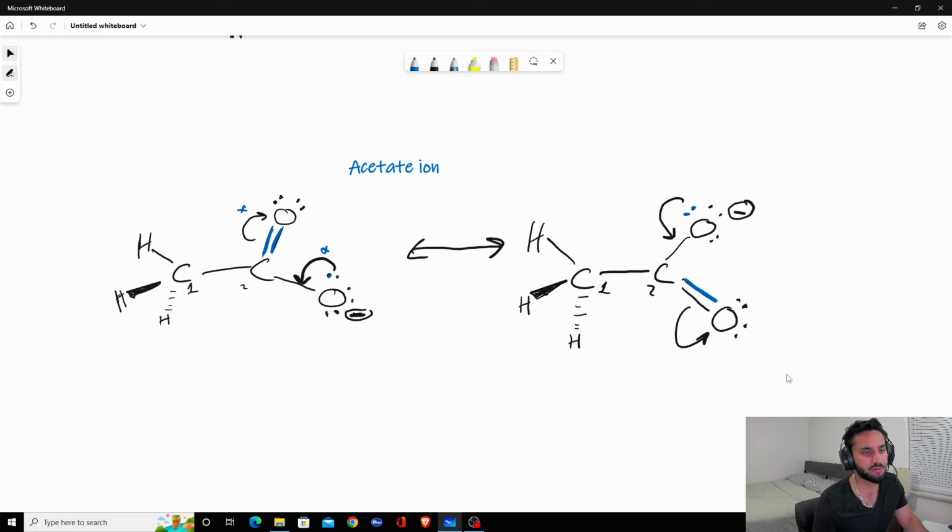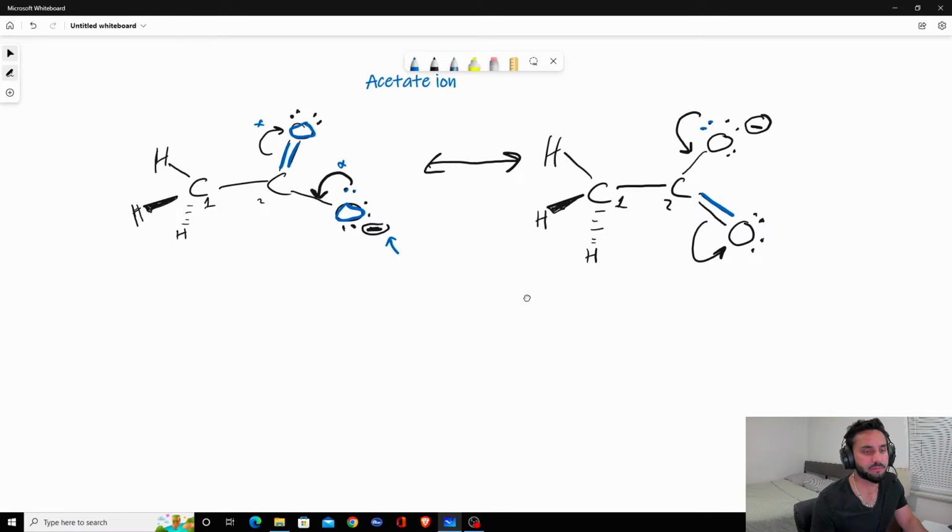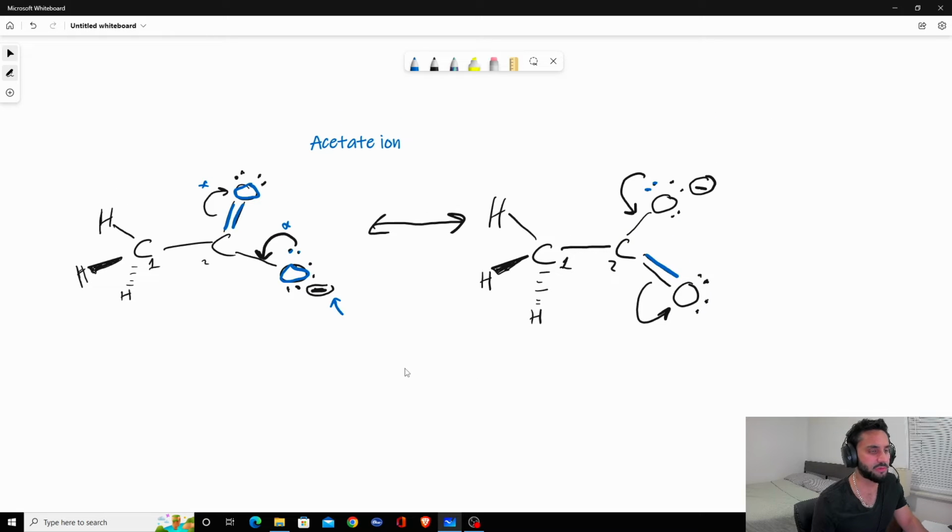So one does not win over the other, and we can test that in laboratory tests and see that the negative charge is shared equally between this oxygen and this oxygen. So yeah, let's move on. It's not always true with a few other resonance structures. Just to let you know, they don't all exist equally in nature.